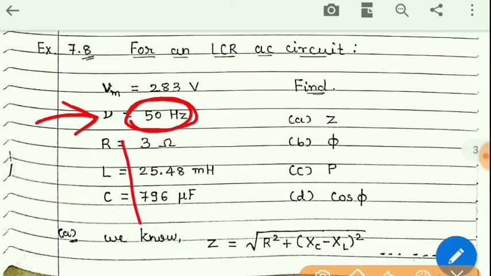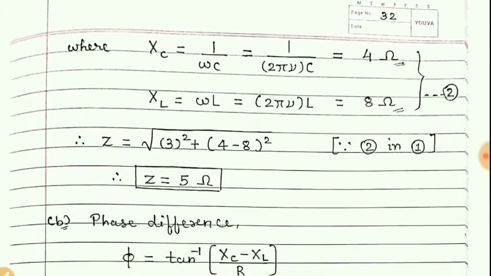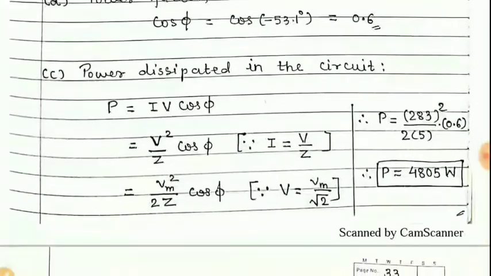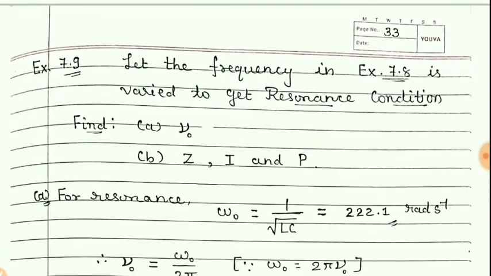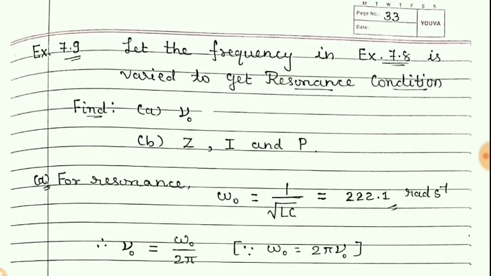So here we have to first find the frequency at which the circuit gets this resonating condition. So we have to find this resonance frequency nu naught. Also we have to find the impedance in this case, also the RMS current as well as power.